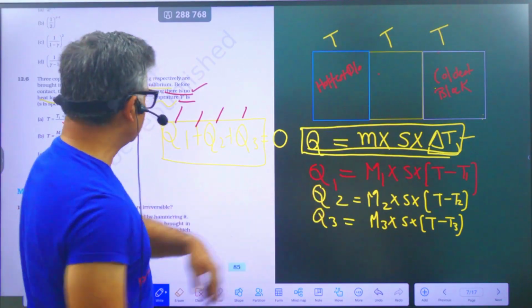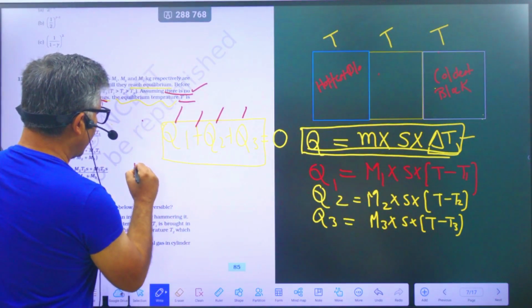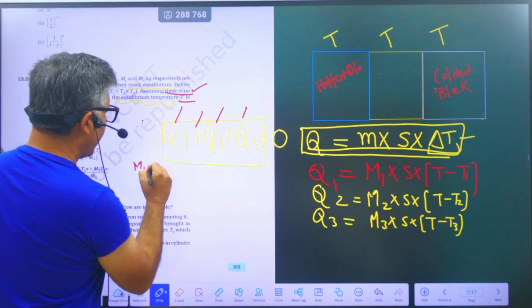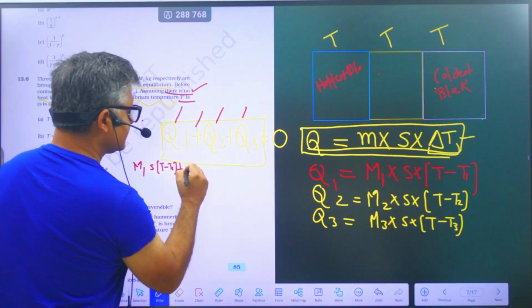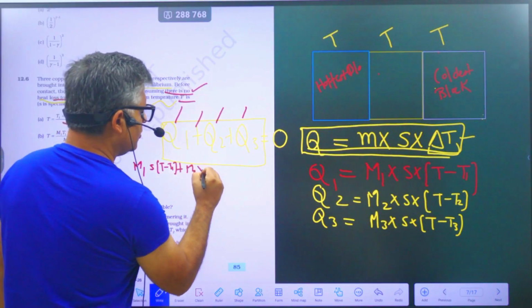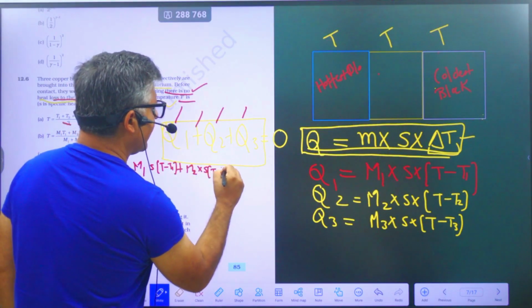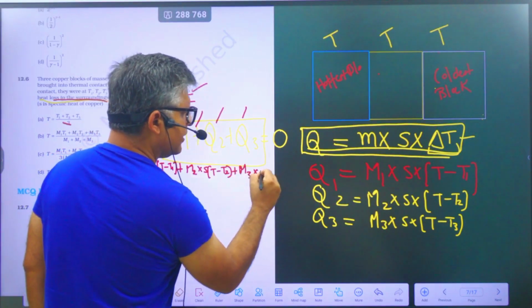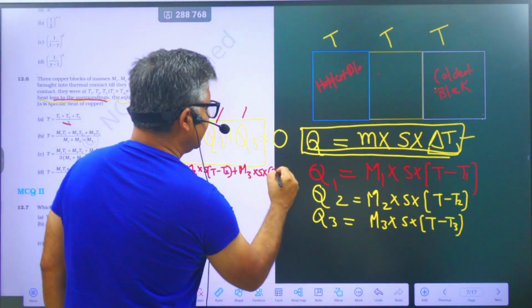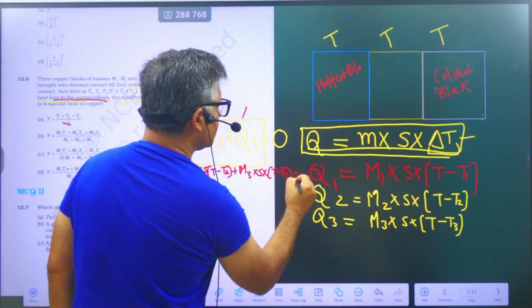If I substitute the values: M1 S (T minus T1) plus M2 S (T minus T2) plus M3 S (T minus T3) is equal to 0.